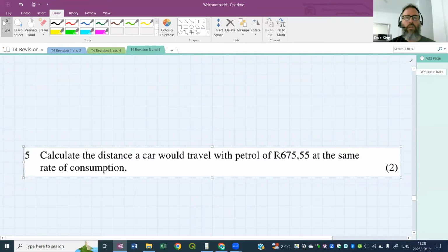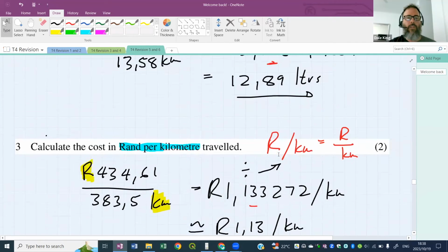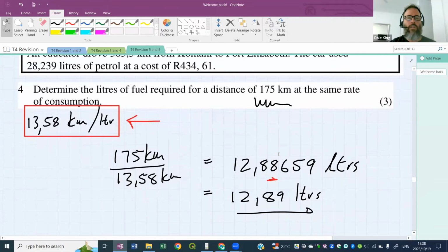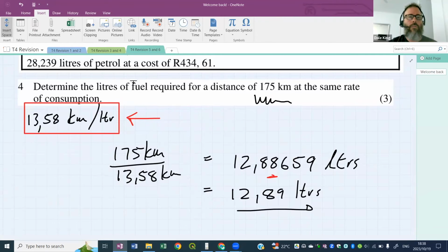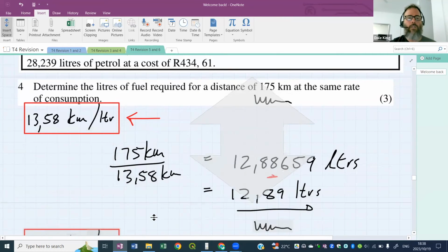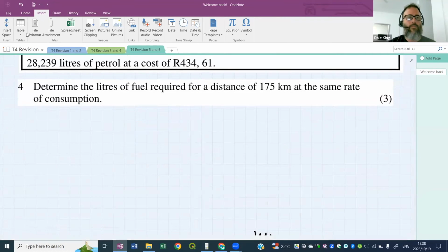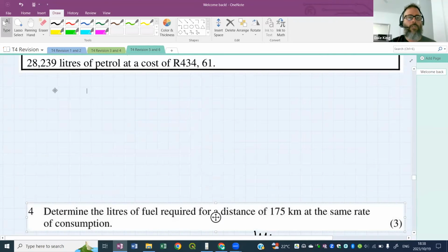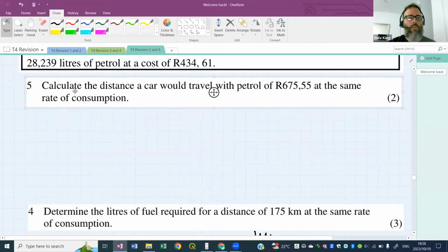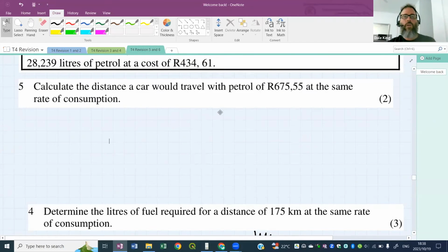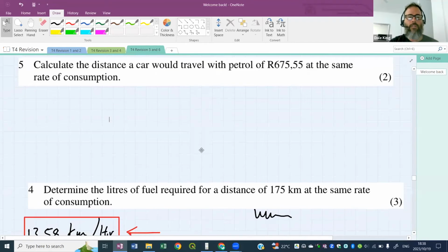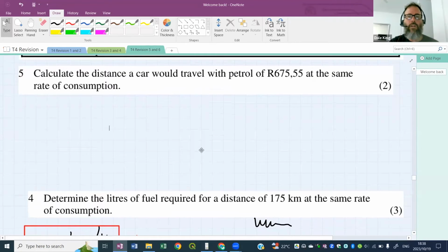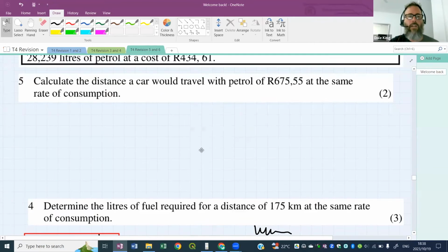Let me bring this question up to the top and squeeze it in so we can have the contextual information there for us. How far with this many rands worth of petrol if it uses the same rate?